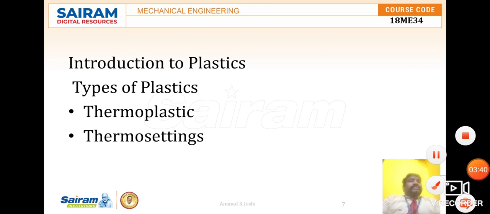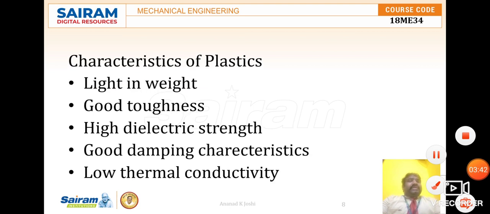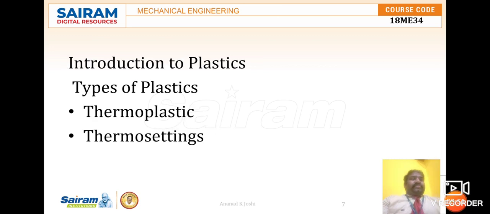Okay, the next slide is characteristics of different plastics. Before understanding the characteristics of plastics, let us see how thermoplastics and thermosettings are processed. Thermoplastics are processed by injection molding, blow molding, calendering, thermoforming and extrusion.